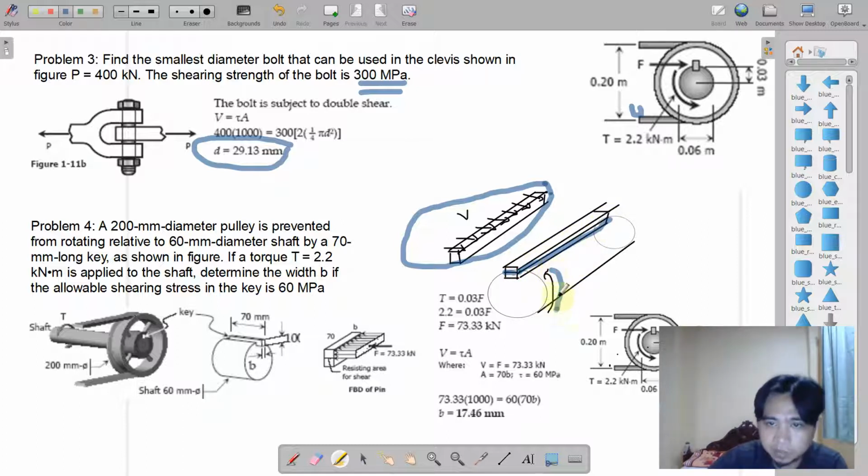Because if this is being rotated, then there will be a force in the shaft, and the force in the shaft would tend to cut this member along this line. Okay, it will cut along that line.